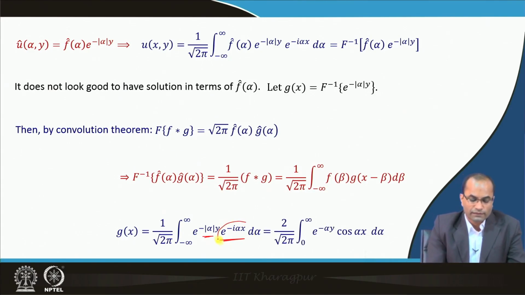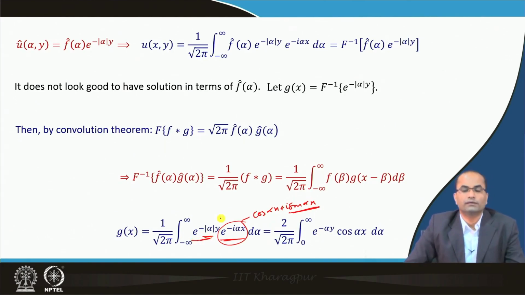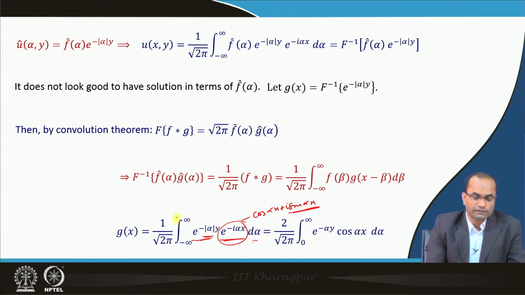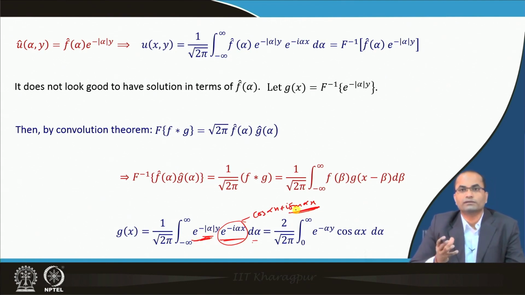So, this we can write as cos alpha x plus i sin alpha x. The sin alpha x term, with this exponential function of mod alpha y, is an odd integrand for this integral, because the exponential is even and then we have an odd function there. So the product will be odd, and the value of the second integral having the sine will be 0.